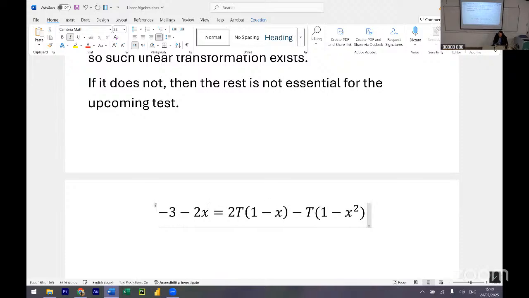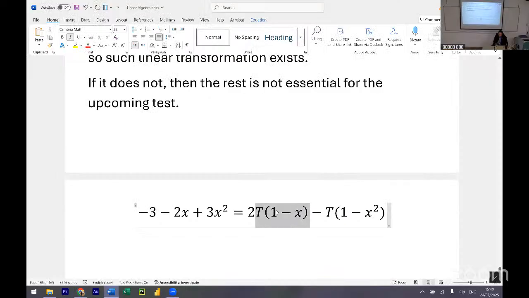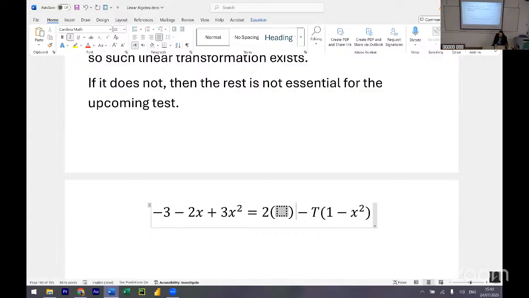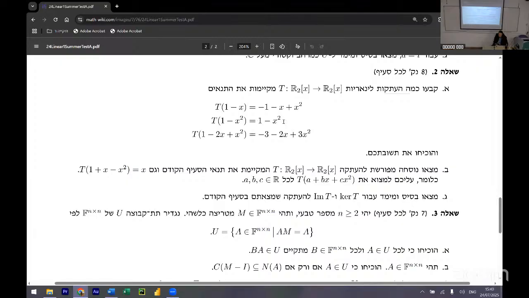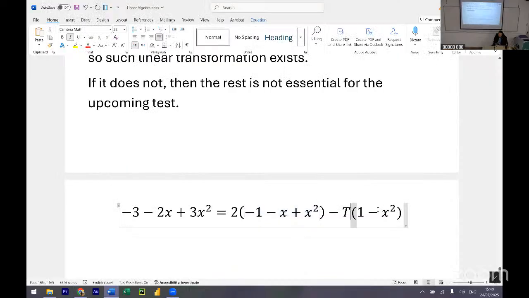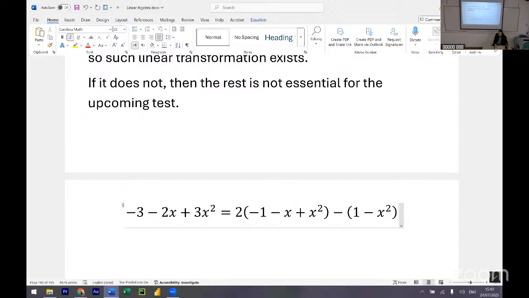Minus 3 minus 2x plus 3x squared. Now, T of 1 minus x is minus 1 minus x plus x squared. Minus 1 minus x plus x squared. And finally, 1 minus x squared. It works? Okay. Yeah, it must. Like I told you, otherwise the question does not make sense at all.